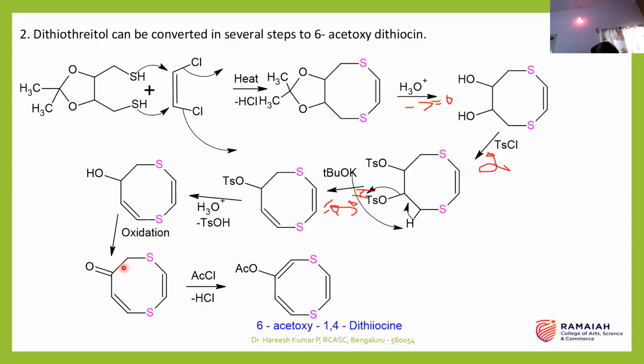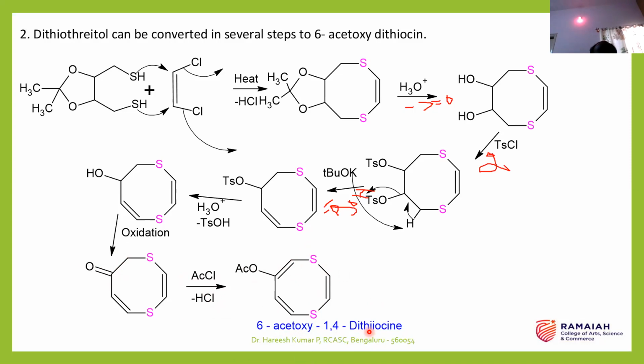So you know keto-enol tautomerism: this ketone will be in equilibrium with the enol form. That enol form reacts with acetyl chloride, HCl goes out, and the product formed is an acetoxy compound. So 6-acetoxy, 1, 2, 3, 4, 5, 6, 6-acetoxy-1,4-dithiocin. This is how 6-acetoxy-1,4-dithiocin is obtained.